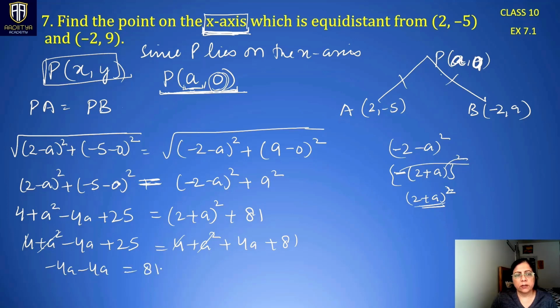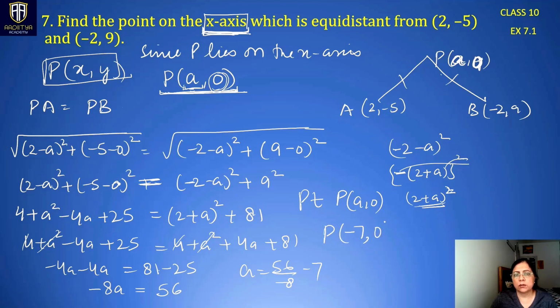This is 81, and this 25 goes here with a minus sign. 81 minus 25 is 56, and the 4 cancels. So a becomes 56 over minus 8, so a is minus 7. Right? So the point P is represented as a comma 0, which gives us P is minus 7 comma 0.